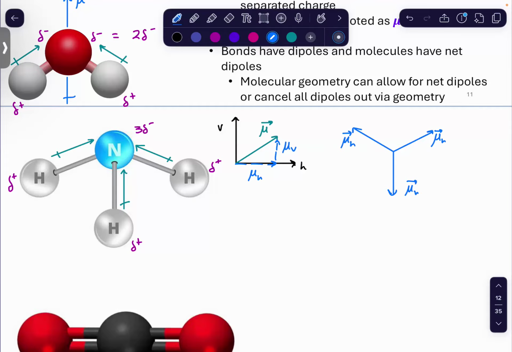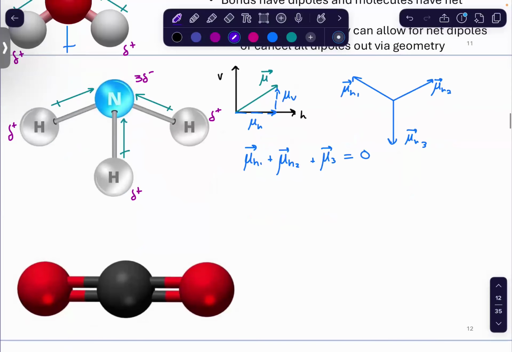Okay, so when you start breaking these down into their individual components, we'll call this 1, 2, and 3. 1 plus 2 plus 3, they're all going to end up canceling each other out. So ammonia is not going to get any polarity contribution from its horizontal components. However, all of its vertical components are pointing up. Every single vertical component's pointing up.